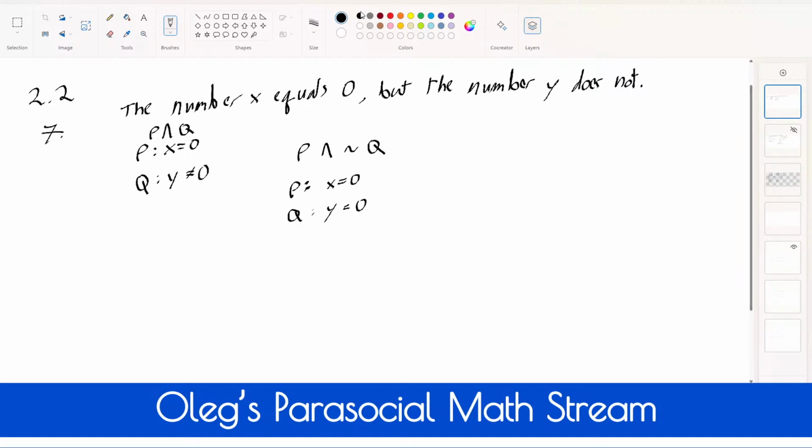P is x equals 0. Q is y is not equal to 0. Both statements are true. All right, let's take a look and see what the book says.